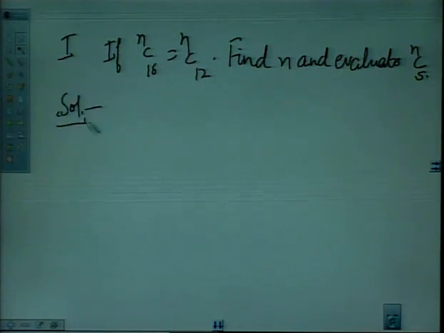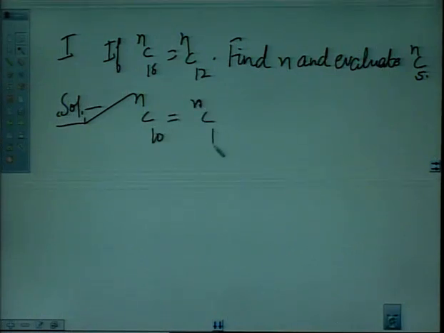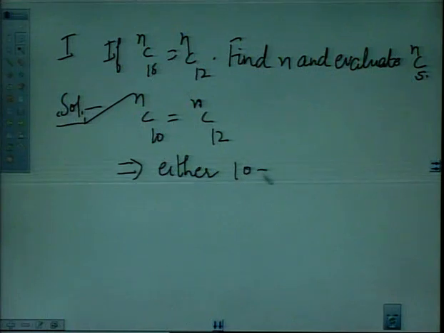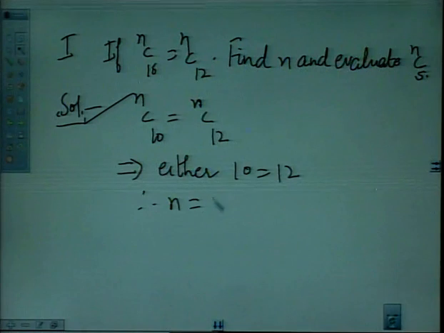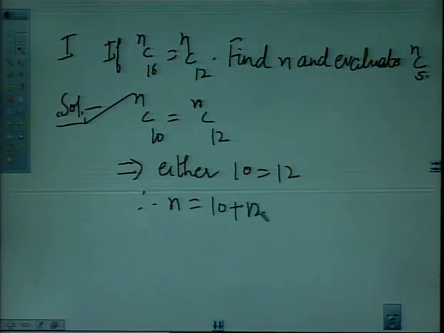We are given nC10 equal to nC12. We have just written result number 2: if nCx is equal to nCy, then either x is equal to y. This implies either 10 is equal to 12, which is not true, we know. Therefore, n is equal to 10 plus 12, that is, the value of n comes out to be 22.